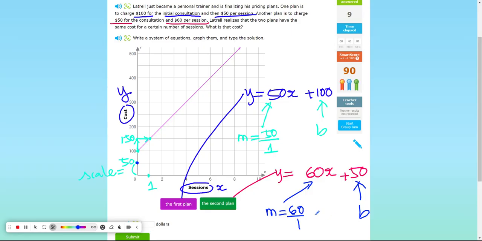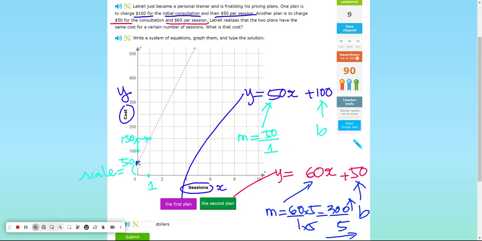If I multiply by 50, it becomes 3,000. It's a very big number, but I can see over here it goes down. I can multiply by 5. Multiply by 5 comes out to 300 over 5. So up 300, go to the right side 5. Okay, go get my tool.